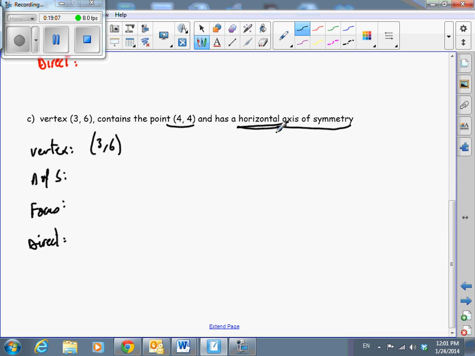So the equation of axis of symmetry starts with y. So if this starts with y, we know it's y equals what? 6. And this will be x equals. So is it horizontal or vertical? It is horizontal. So it starts with x equals. So we know this much.